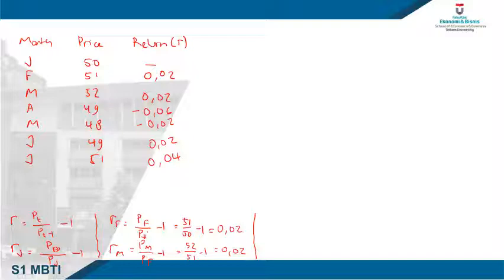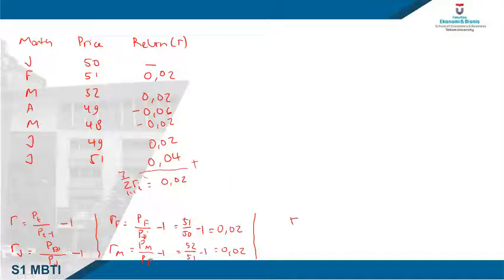Then I add all of this return here. So it becomes the sum of the return, the Ri, which is 0.02.